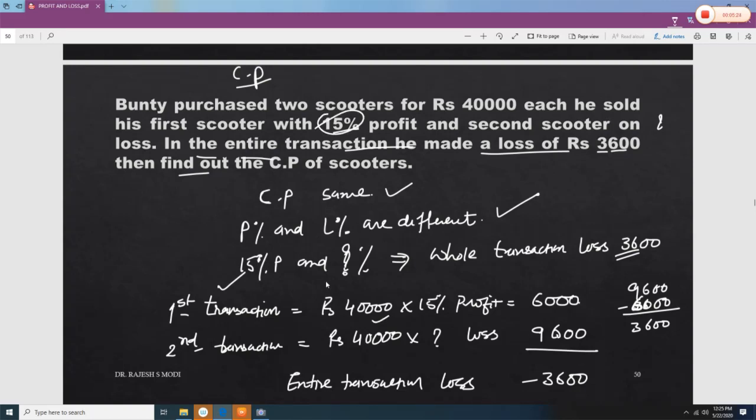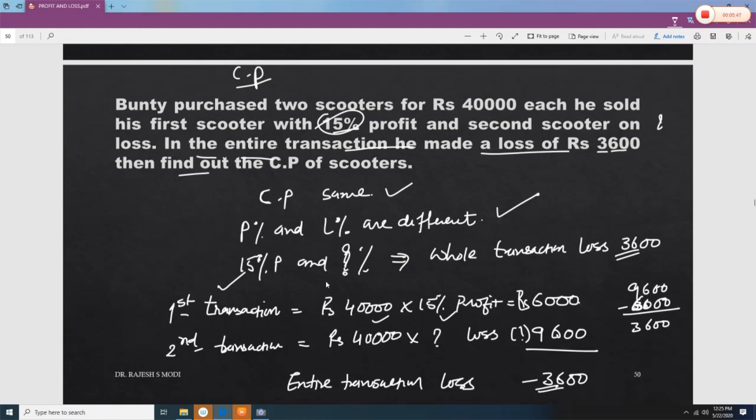So 40,000 into 15% profit. So his profit amount is 6,000. And in the second transaction, nothing is given, so let's say here we put a question mark. But in the entire transaction, there is a loss. Loss means a minus figure. So how much you have to deduct from 6,000? So you will get a loss of 3,600.